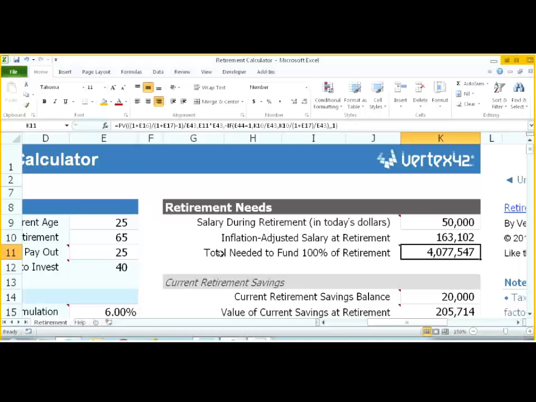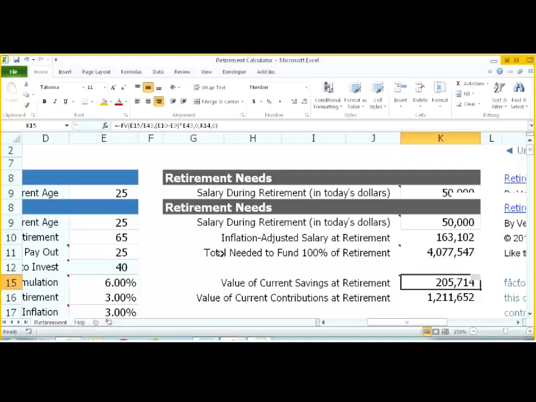And it says that you need $4 million to retire. You look at that and think, there's no way I'm ever going to make that much. Now this is said to fund your retirement 100%. That's assuming you get no Social Security, no pension, that you're only using your savings to retire, which is not usually the case.